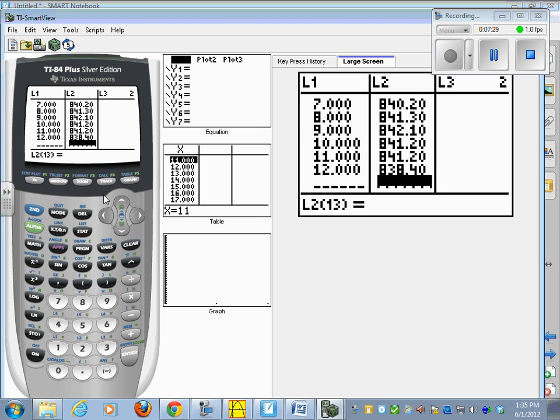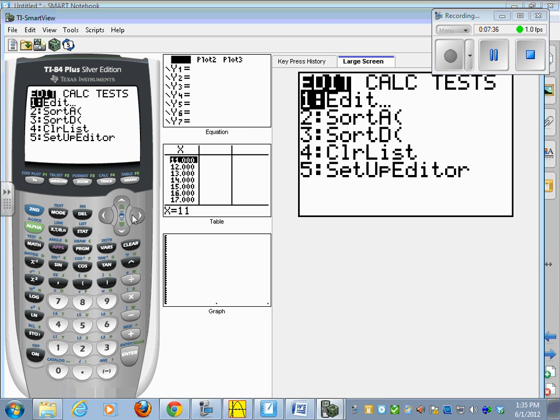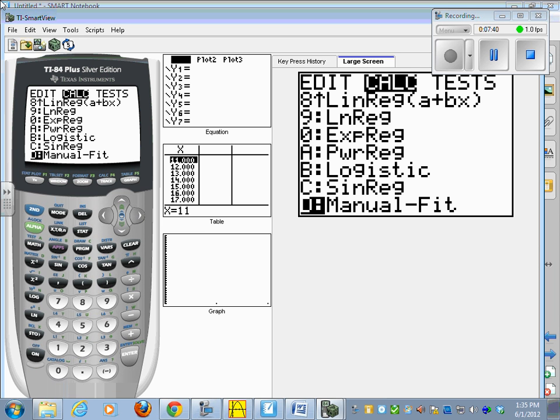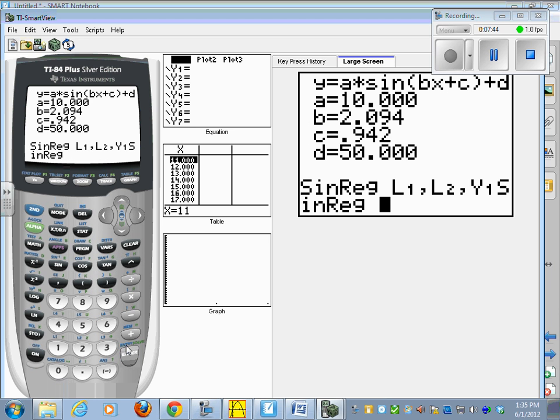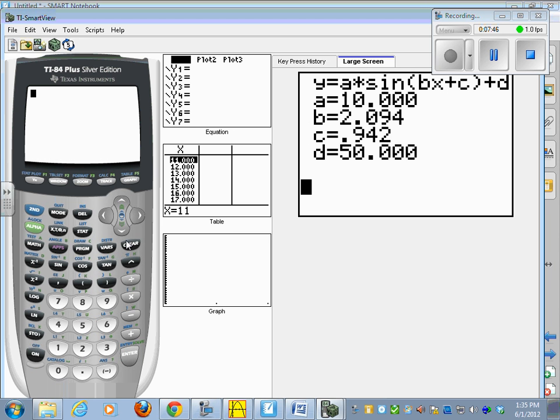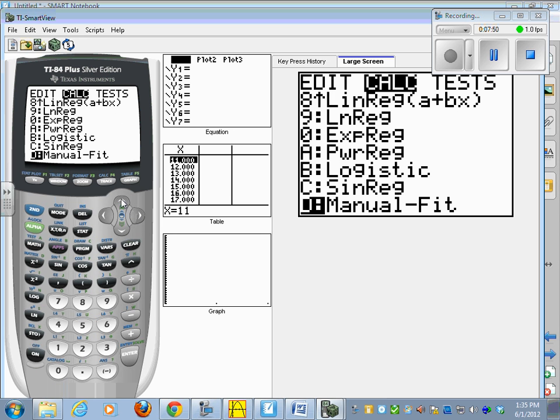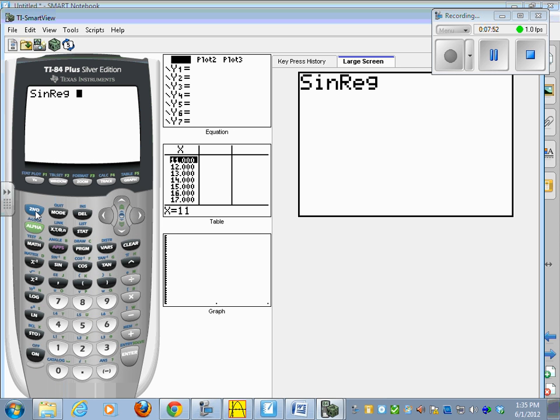Okay, so I got my data in there now, and you'll remember to find the sinusoidal regression. We're going to go stat, calculate. I'm going to arrow up because that's the faster way to find sine reg. Oh, I forgot to clear my home screen before I did that, so I have to do it again. Stat, calculate, sine reg, L1, comma, L2.